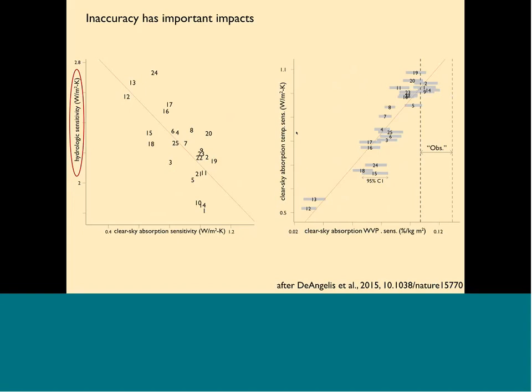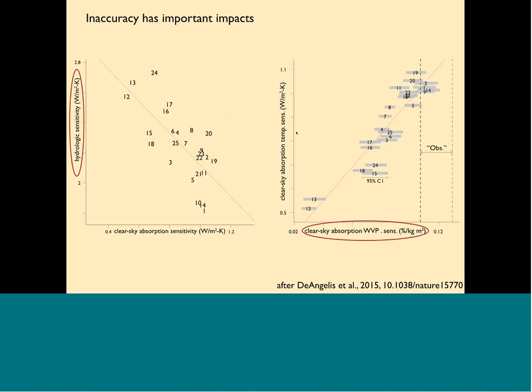You can see that the models vary by a factor of almost 50% across them. So these are CMIP models. And that diversity, or error, in the hydrologic sensitivity is primarily related to how sensitive the models are to solar absorption by water vapor.